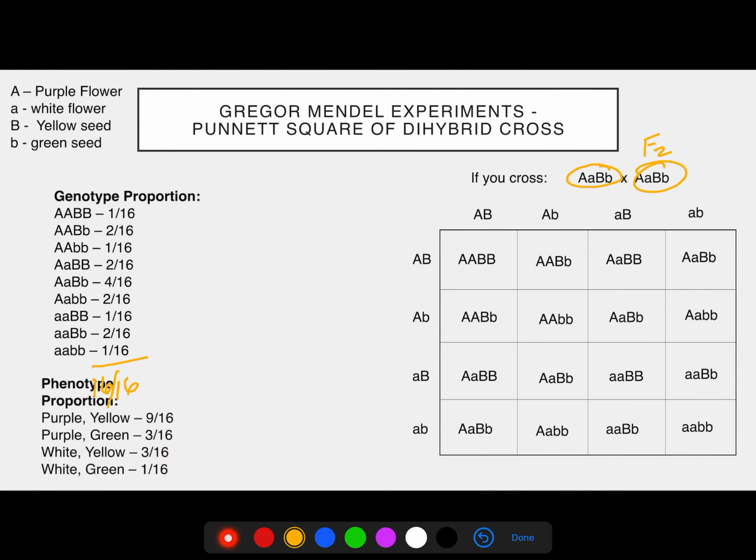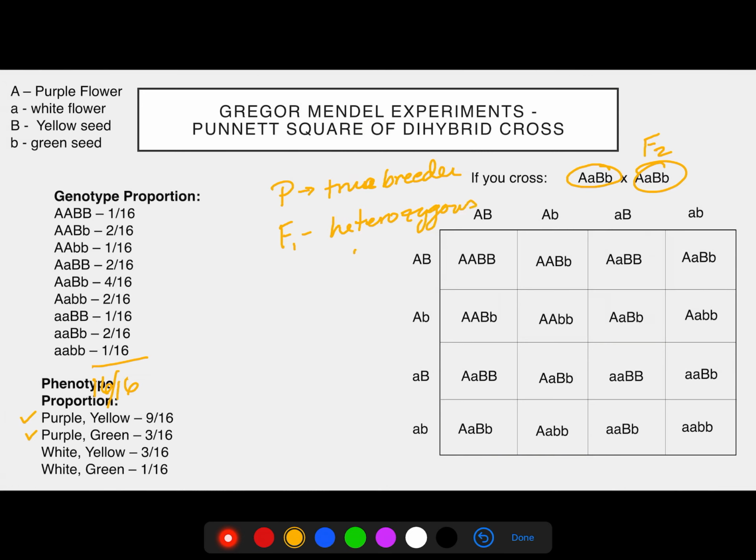What's really important is the phenotype, and this is how many purple flower yellow seeds, how many purple flower green seeds, and so forth. If you're always starting with a P generation that's true breeder, then your F1 is going to be heterozygous for every trait.